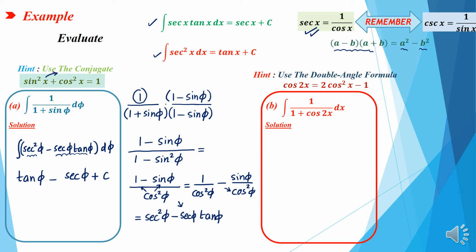In part B you have to use the double angle formula. This is our identity: cosine 2x equals 2 cosine squared x minus 1. So you have to prepare the inside function, and you have to write the inside function as 1 over 1 plus, rewrite cosine 2x as 2 cosine squared x minus 1.